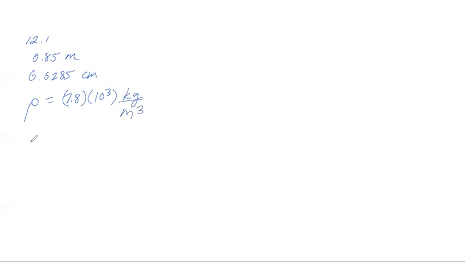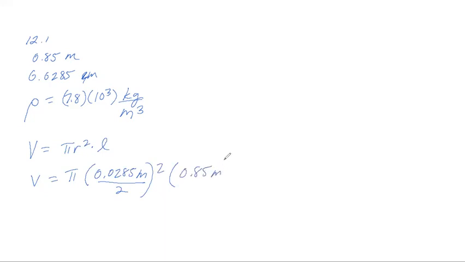And it's a cylinder, so the volume of a cylinder equals the area, which is pi r squared, times the length, L. So the volume is going to equal pi times the radius, which is half of the diameter, 0.0285 meters over 2, quantity squared, times the length, 0.85 meters.